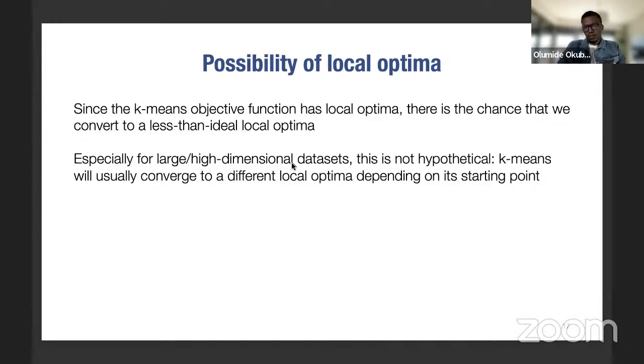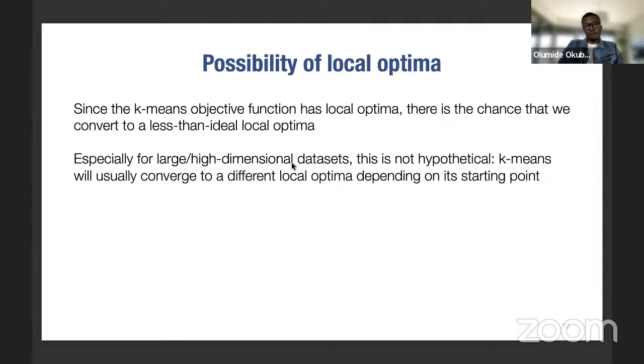So yeah, local optima. There's a chance that we can get a less than ideal solution. One of the things we saw over time is that it depends on where you start from, because you're starting from a random place. If you start from a random initialization of k that is very close to your optimal solution, you get the optimal output.